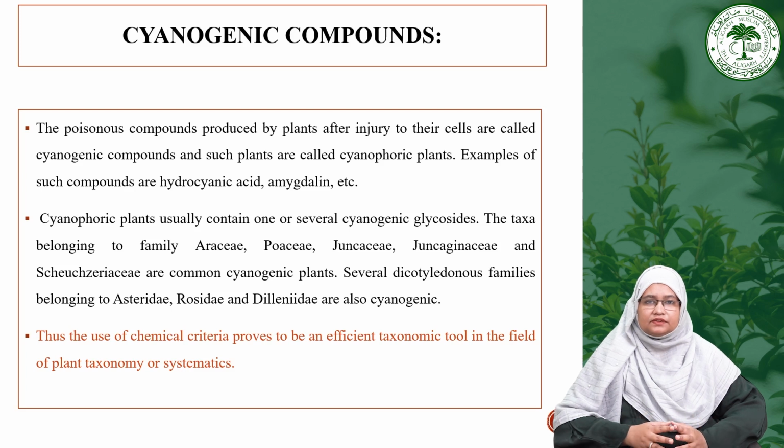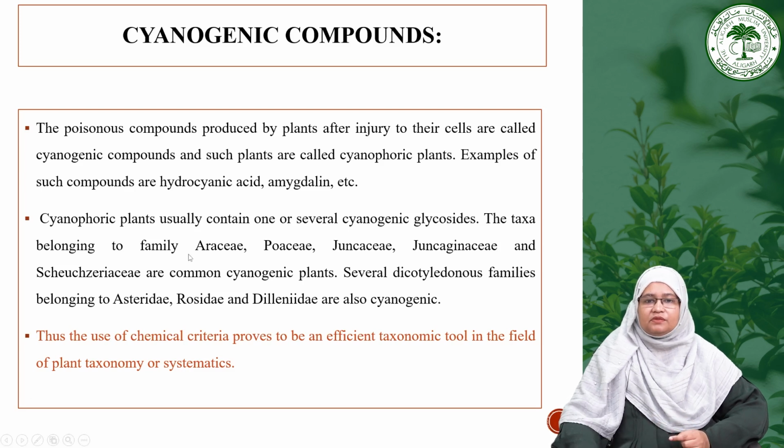Then the next group of compounds is the cyanogenic compounds. The poisonous compounds produced by plants after injury to the cells are called cyanogenic compounds, and such plants are called cyanophoric plants. Examples of such compounds are hydrocyanic acid and amygdalin. Cyanophoric plants usually contain one or several cyanogenic glycosides, like the taxa belonging to the families Araceae, Poaceae, Juncaceae, Juncaginaceae and Scheuchzeriaceae, which are common cyanogenic plants, and several dicotyledon families belonging to Asteridae, Rosidae and Dilleniidae are also cyanogenic.